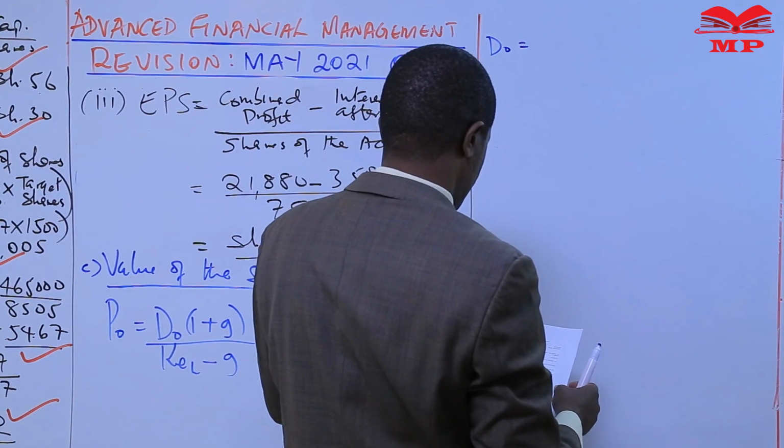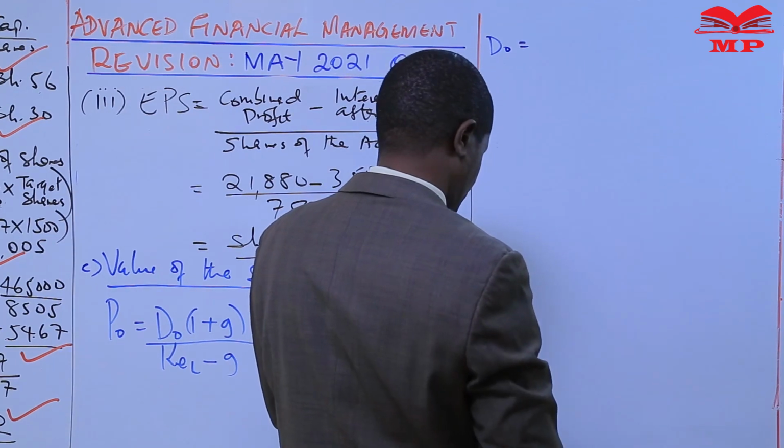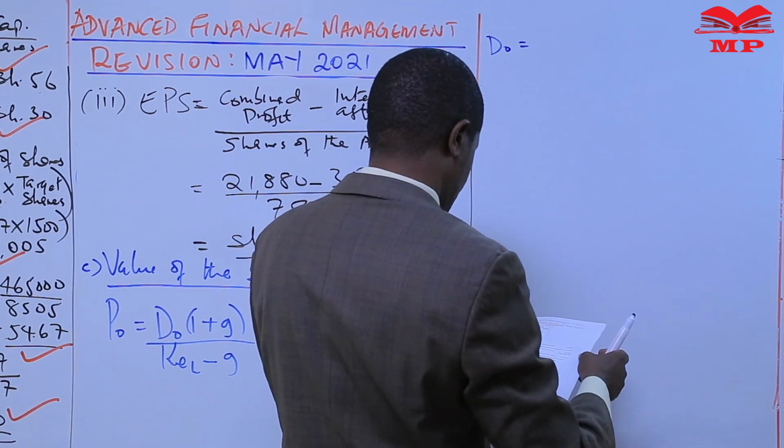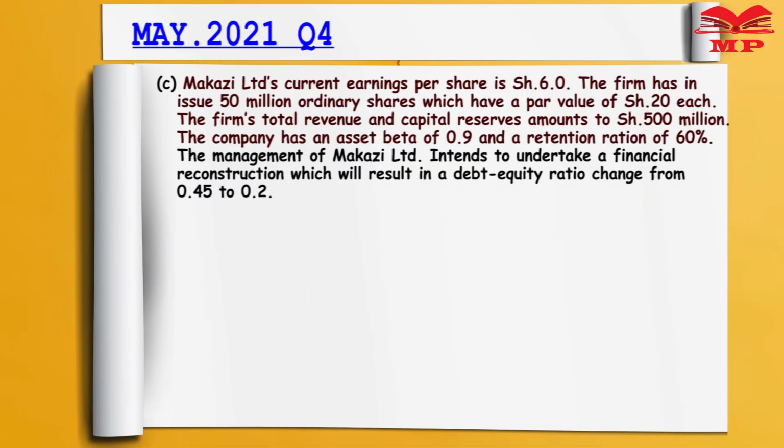We are told that Makazi's current earnings per share is 6 shillings, and the retention ratio is 60%.